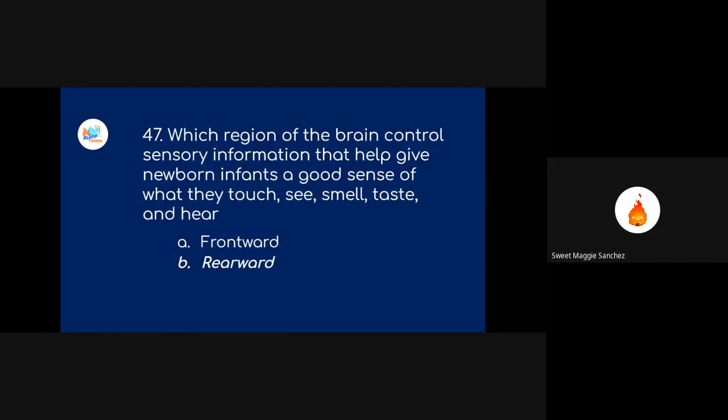Okay. Number 47. Which region of the brain controls sensory information that helps give newborn infants a good sense of what they touch, see, smell, taste, and hear? The correct answer is rearward. And what's in the rearward part of the brain? The cerebellum.